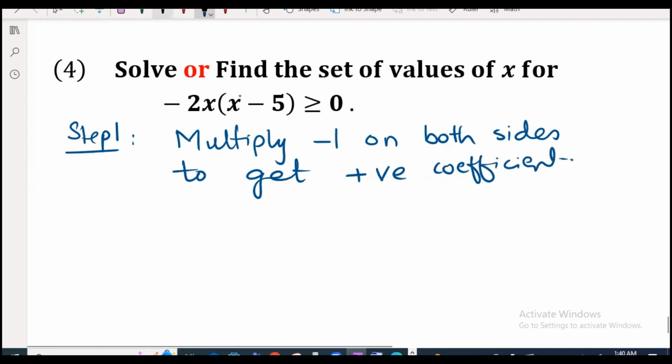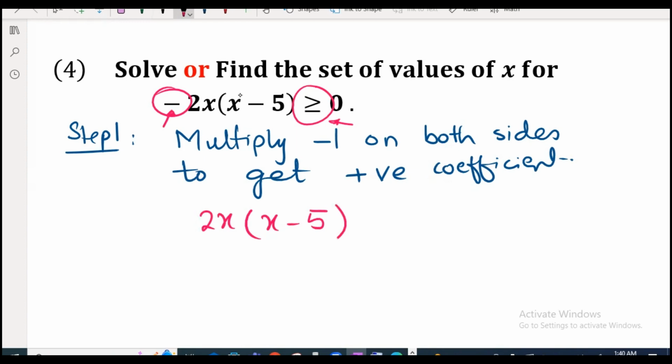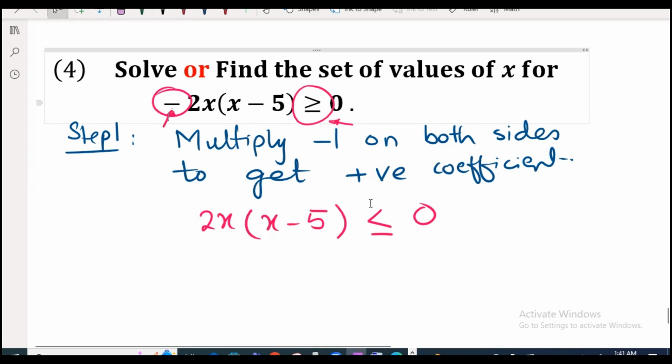So when we are going to multiply by negative, this sign will be changed and this sign will be changed. So it will be 2x times x minus 5 lesser than or equal to 0. The negative will be changed into positive, and greater than or equal to changes into lesser than or equal to 0.